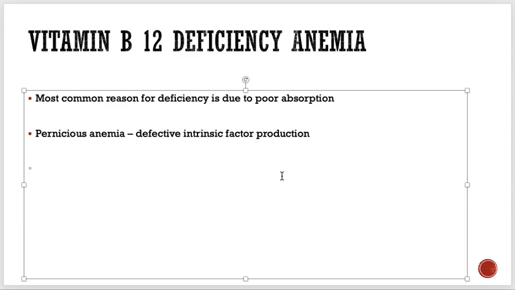Now, because it is a continuation of what we were discussing previously, the story goes simply in this way: you perform a CBC, and you find that the hemoglobin is less, right?